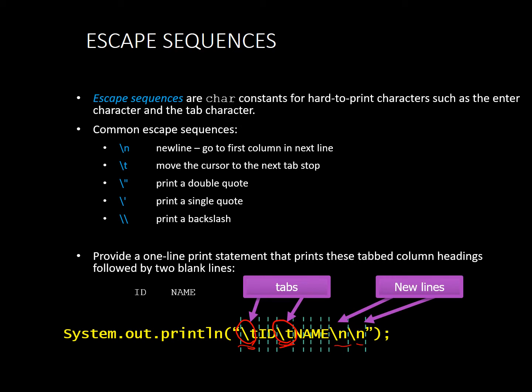So it says, hey, whatever is after me is going to be a special case. So these are all treated as a single character, and you could store them in a char. And it's called an escape sequence because it's escaping the normal way that the compiler interprets the string.